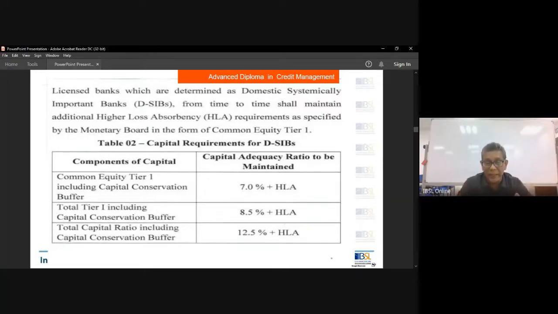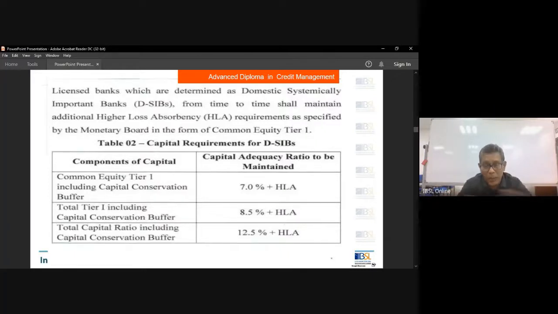And all these DSIBs need to meet 12.5 plus HLA, whereas all the other 26 banks prevailing in Sri Lanka need to maintain only a capital adequacy of what? How much? 12.5. Now, because of COVID, that was further reduced to 13 and 13.5, but usually this is the ratio, right?